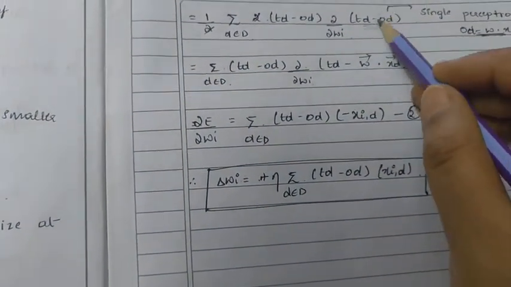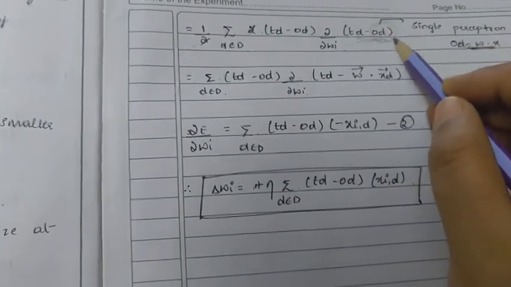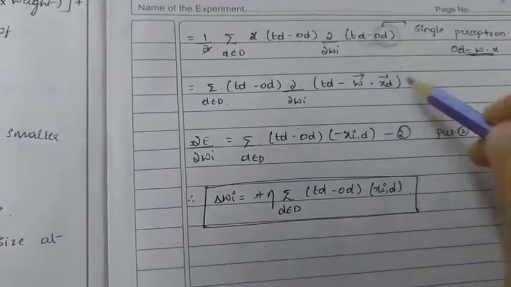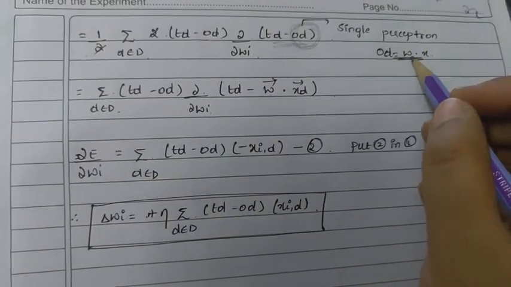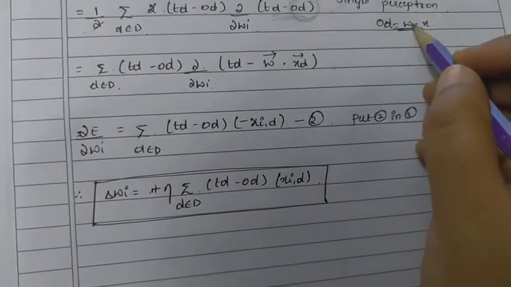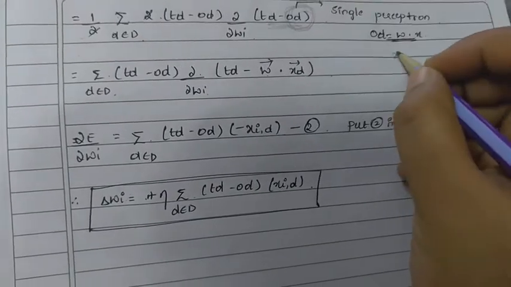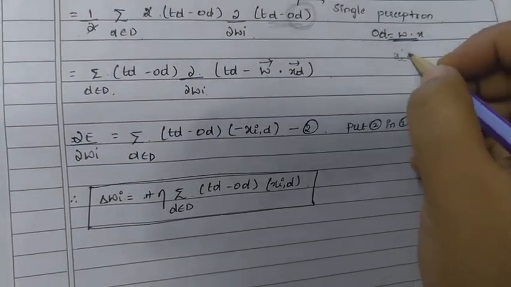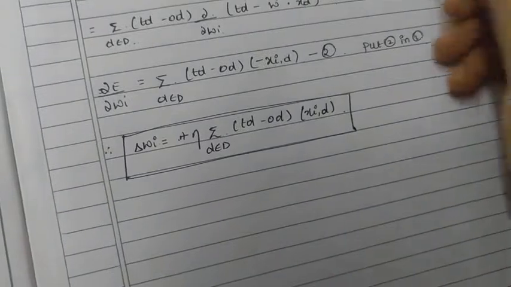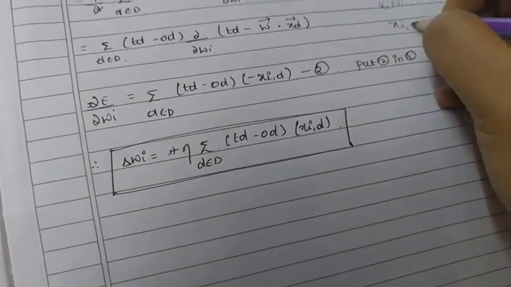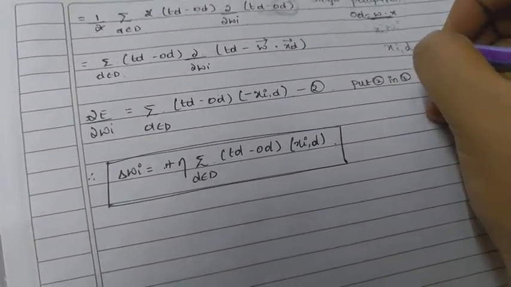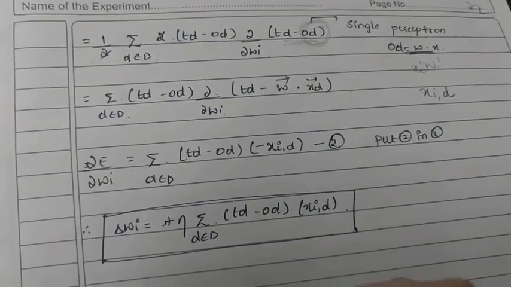As I already told, od is nothing but a single perceptron value, or the predicted value. A single perceptron value is nothing but wi into xi, or I can take it as xi applied for a particular training example.